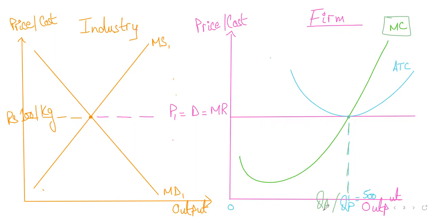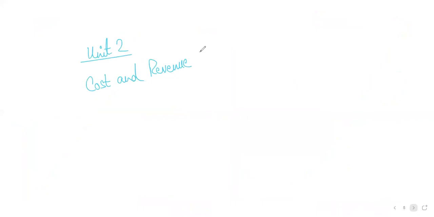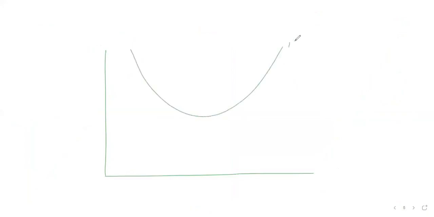Okay, now we move on to the last piece of our discussion. Do let me know if there's any confusion. That is whether this firm is productively efficient or not. If you remember, we said a firm is productively efficient when it is producing at the lowest possible ATC. Have a look at this. Let's say these are three possible ATC curves. This is ATC 1.